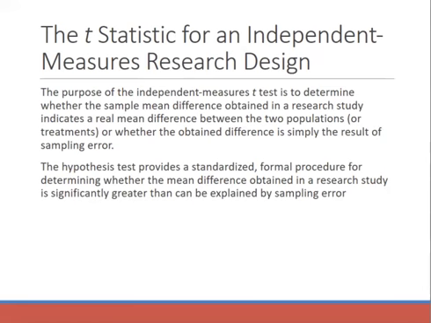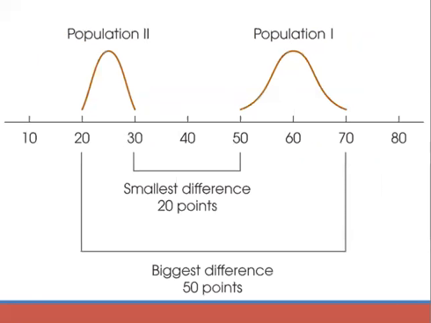Okay, so the hypothesis test provides this kind of standardized formal procedure to measure the mean difference between the two groups. Remember that if two samples are taken from the same population and given the same treatment, there'll be no difference between them. So again, the test is to figure out, is there a difference between the two populations?